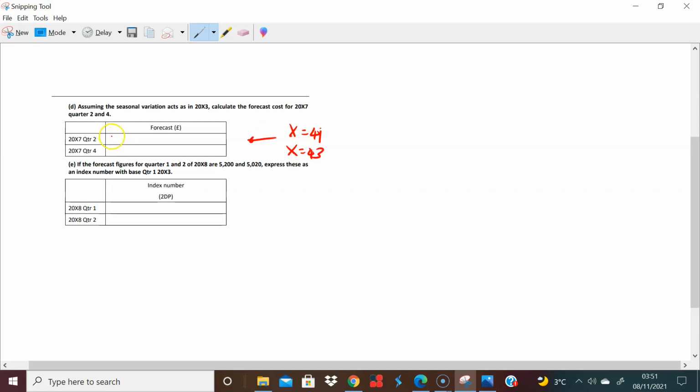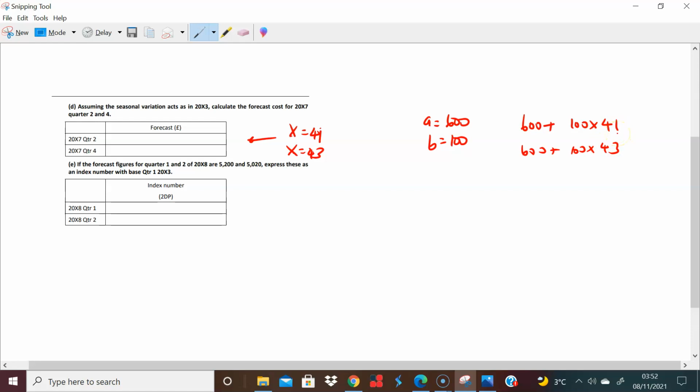And it's the same principle. We know that A is equal to 600, B is equal to 100. And so the trend for these quarters is initially, let's work that out, 600 plus 100 times 41, 600 plus 100 times 43.